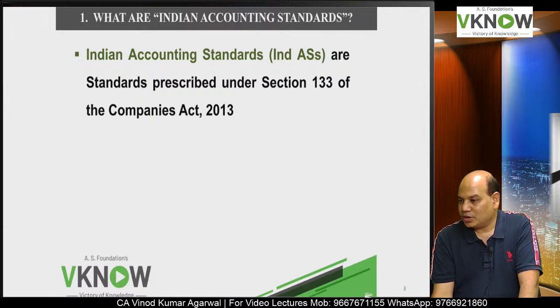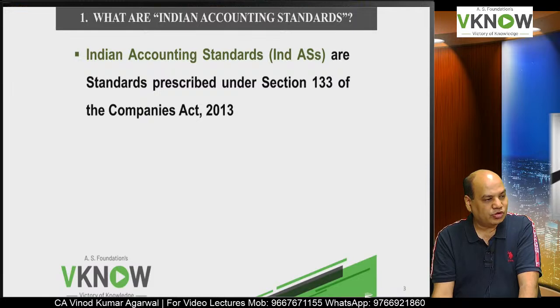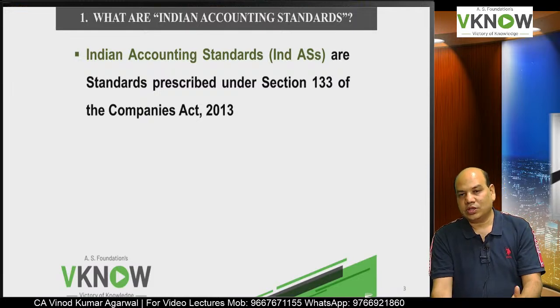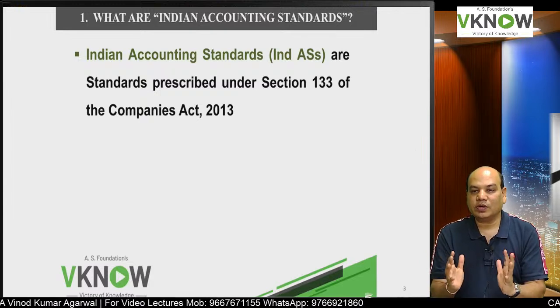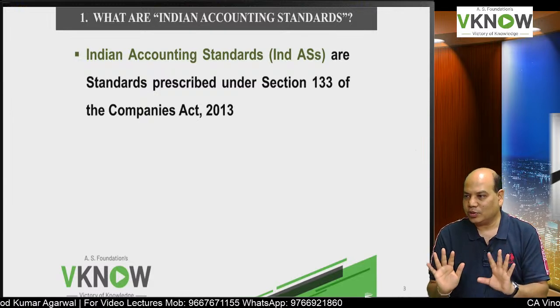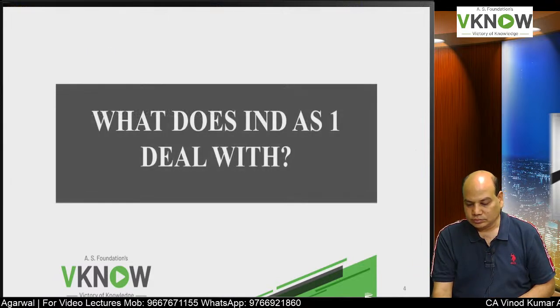So legally speaking, the definition is these are the standards prescribed under section 133 of the Companies Act. But in general, if somebody asks you, these are the Indian version of IFRS, and we have given it a name Ind AS, so that it will indicate these are Indian version of IFRS.